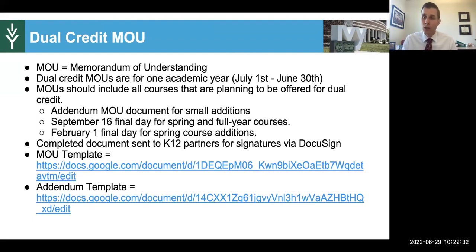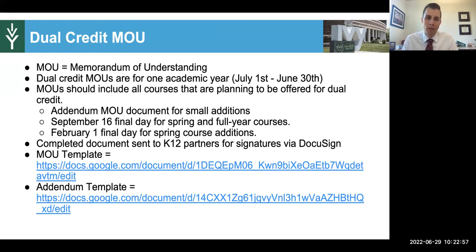In other cases, you might have your MOU ready to go, but maybe one or two courses are pending. So you go ahead and send out the MOU, wait on the credentialing status of that last instructor, and then send out the addendum. The MOUs should be done by September 16th. That's the last day to have a course appear on the MOU.